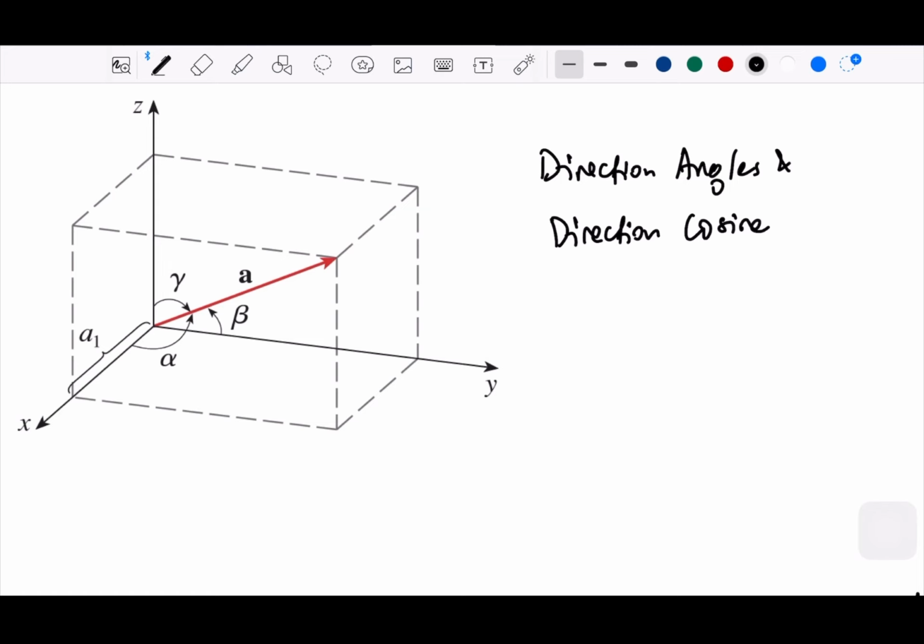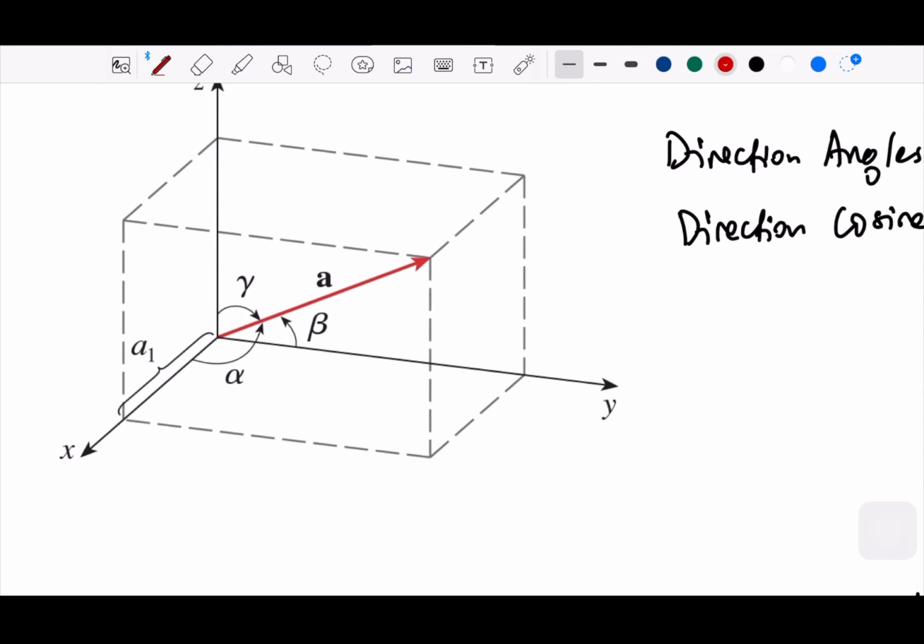If we take the angle alpha, if we see this picture here, alpha is between a1 and the vector a, right?